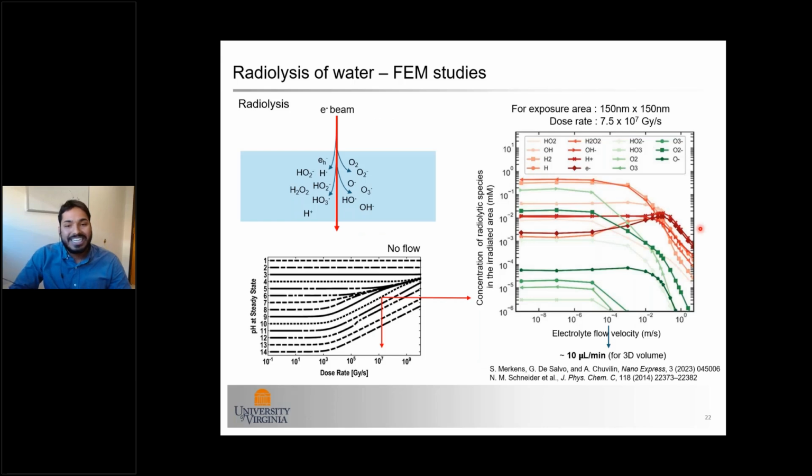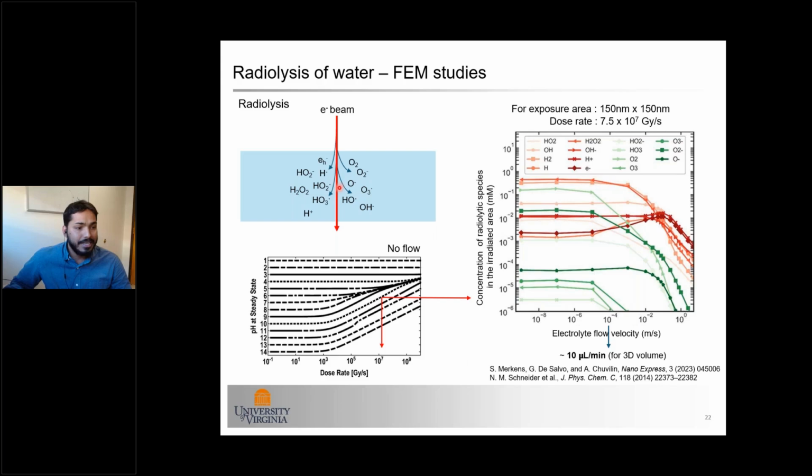But there is no quantitative measure of radiolysis effect yet, which can be subtracted or which can be used to talk about this data. But there have been some finite element modeling predictions for just water radiolysis.